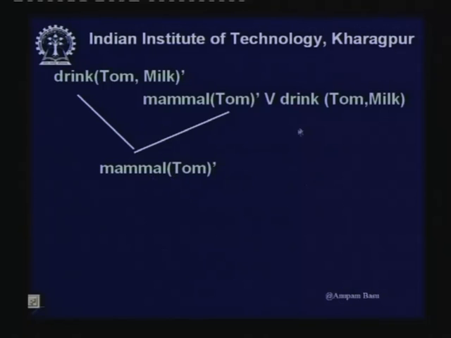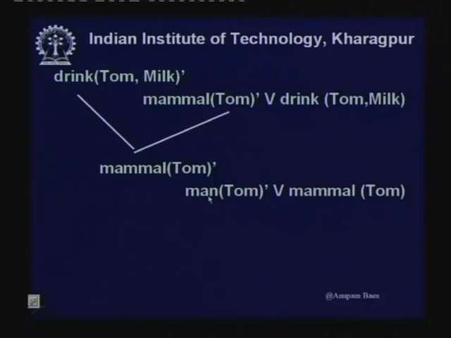Now, I will have to again look into the set of statements to find out which clause has got the negation of not mammal Tom, or which clause has got the literal mammal Tom. And here is one, not man Tom or mammal Tom. So, let me resolve these two.